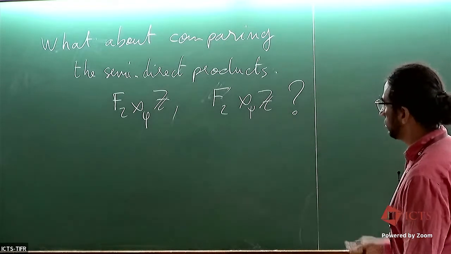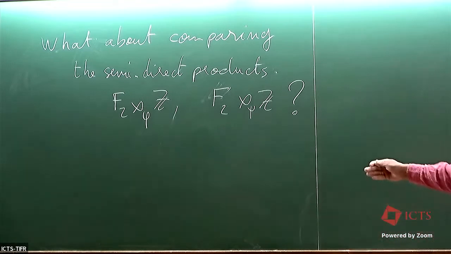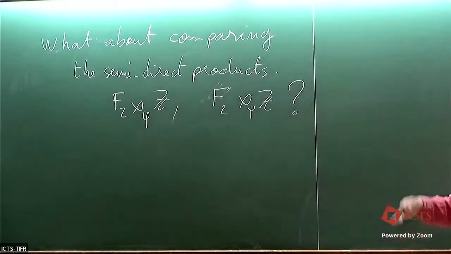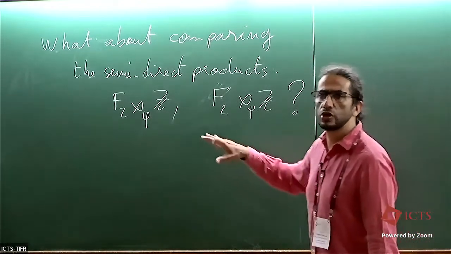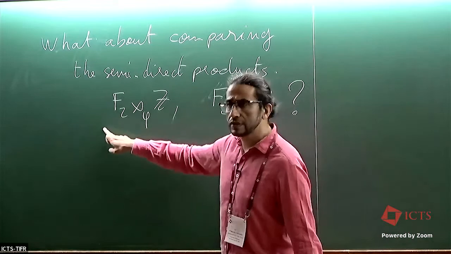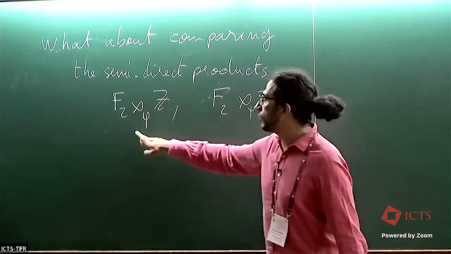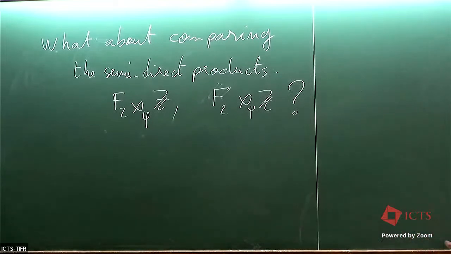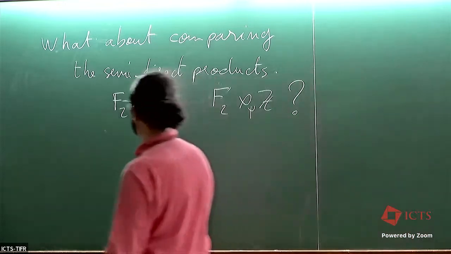And for that, remember, I said that these semi-direct products were relatively hyperbolic, and everything was going to happen in the polynomially growing part of F2 for the automorphisms phi and psi. So, first question, what can be the polynomially growing subgroups in F2?